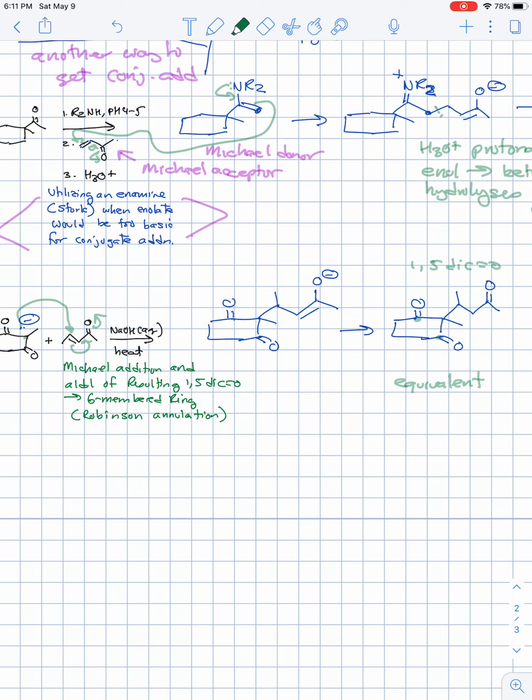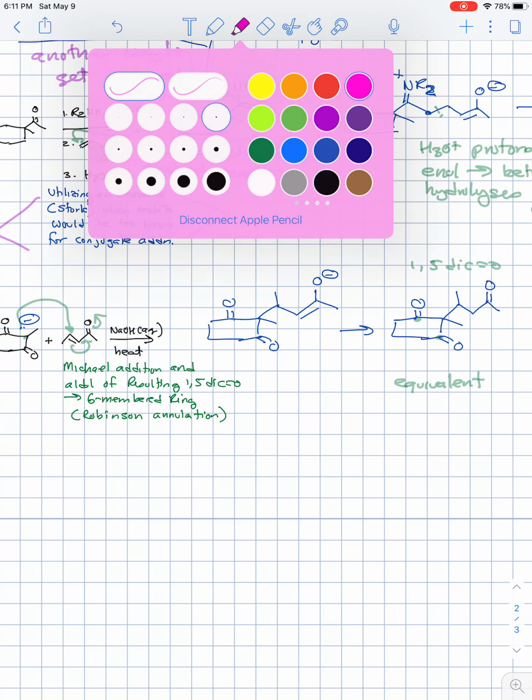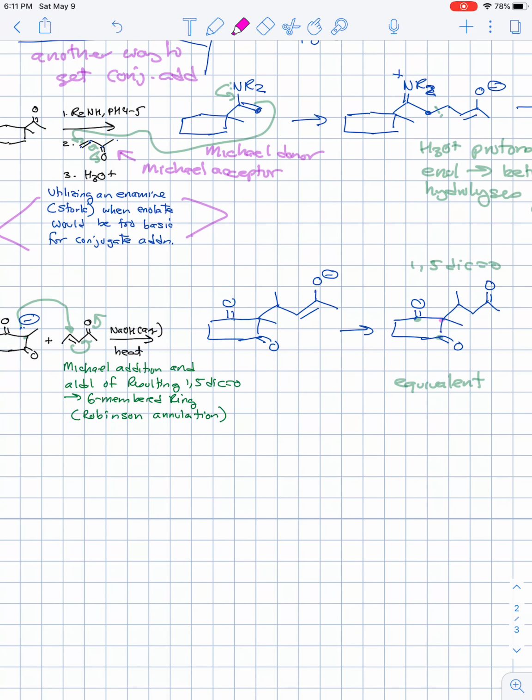So it wouldn't matter which of those carbonyls got involved in the reaction. So now if we evaluate this a little bit more, the most logical place to make an enolate is between the two carbonyls.